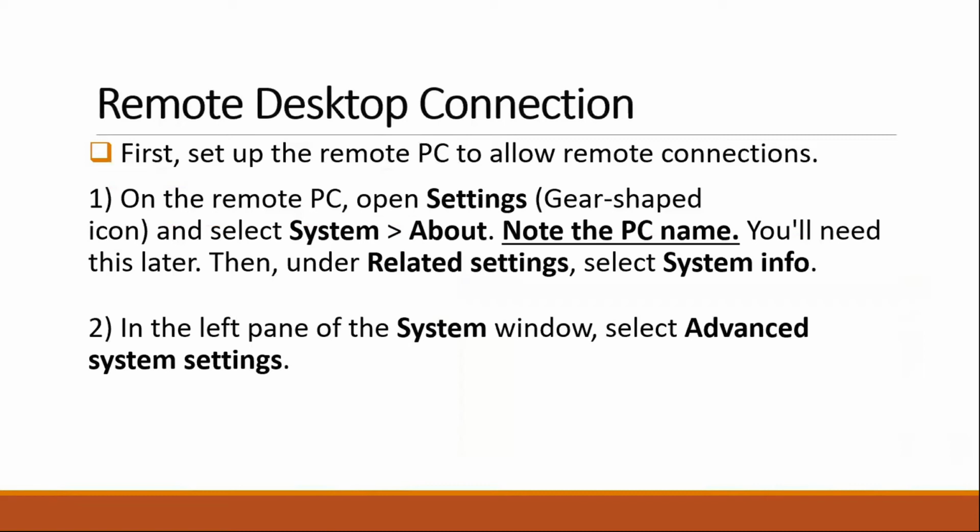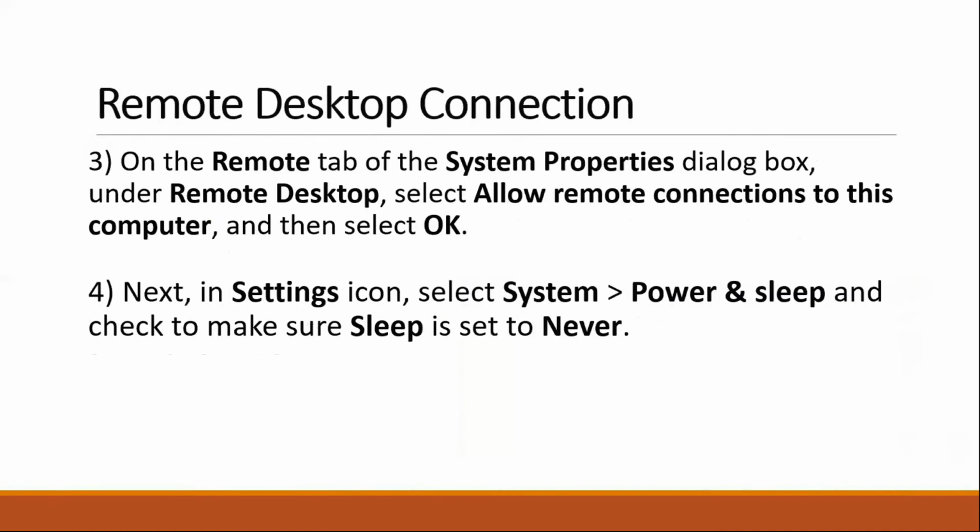For the remote desktop connection, first you want to set up your remote PC to allow remote connections. Go to Settings and select System, and remember what the PC name is, because you'll need that later. Then on the related settings, select System Info. In the left pane of the System window, select Advanced System Settings.